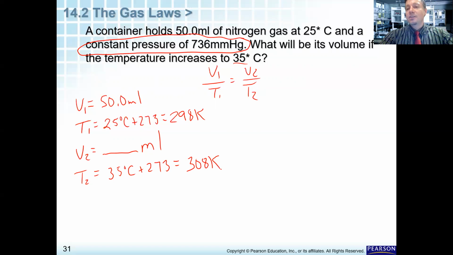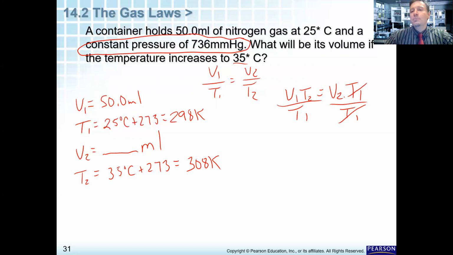So now I can manipulate my formula. So I have V1 T2 equals V2 T1. I'm solving for V2, so I'm going to divide both sides by T1. That cancels off, and that gives me my volume 2. Now I'm simply going to plug in my variables that I have written down.